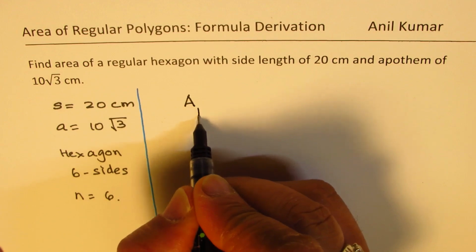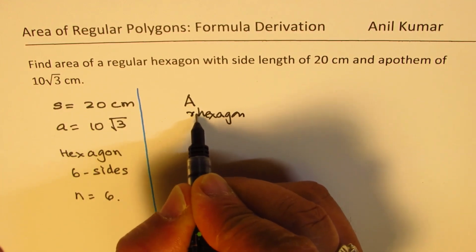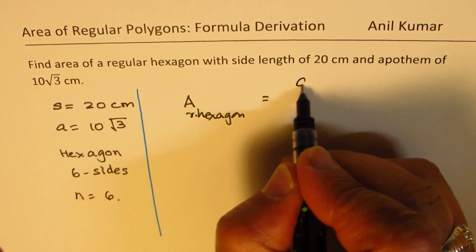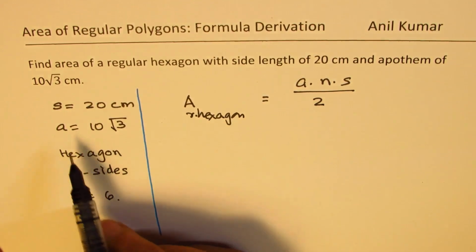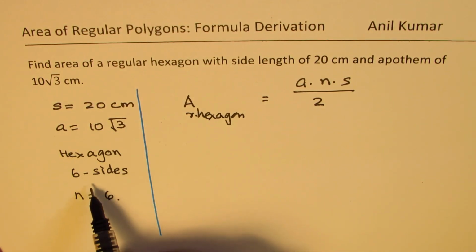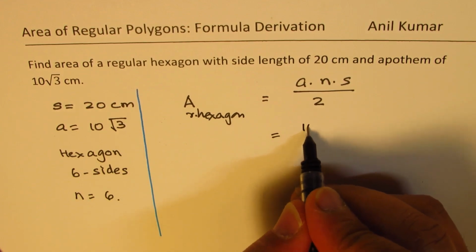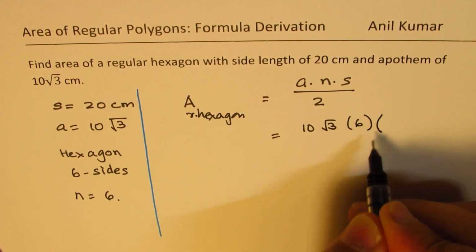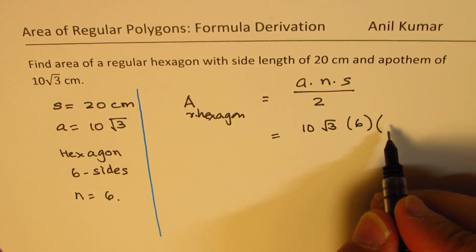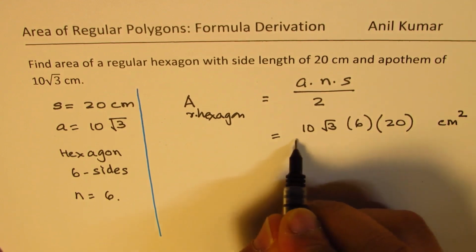So the area of this regular hexagon is the product of apothem, number of sides, and side length, divided by 2. So A is 10 square root 3, number of sides is 6, and side length is given to us as 20 centimeters. Units will be centimeters squared.